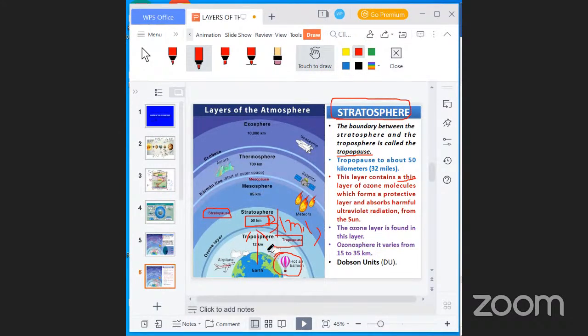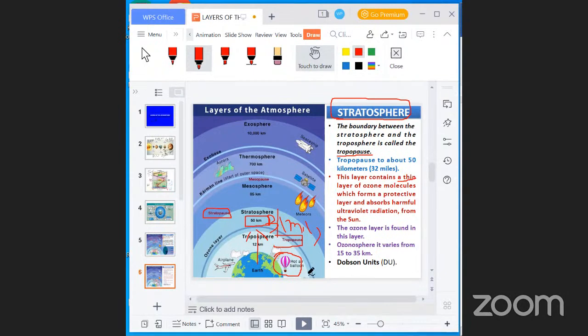The air is roughly 1,000 times thinner at the top of the stratosphere than it is at sea level. Commercial passenger jets fly, and weather balloons also reach their maximum operational altitudes, within the stratosphere.